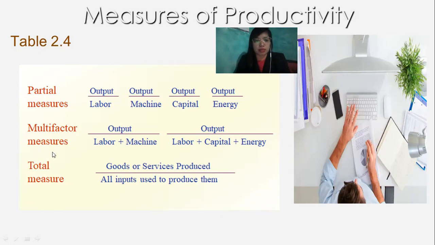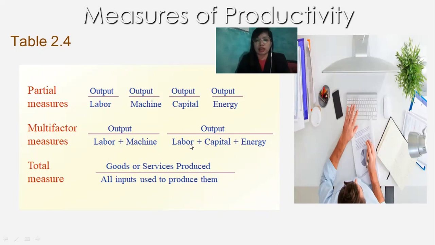Here in the multi-factor measures, you can see that the labor is also included in the input. A machine will not operate on its own, so you need labor in order to operate a machine.